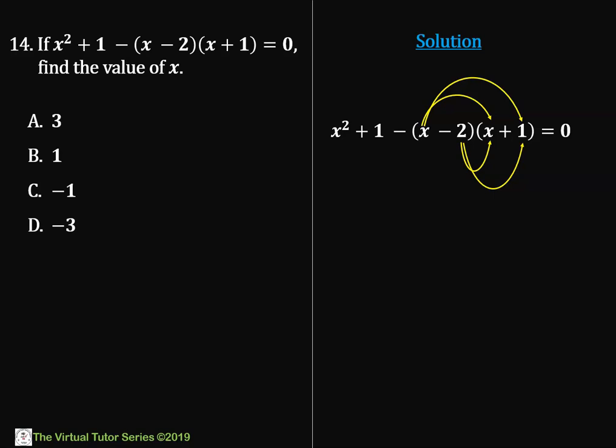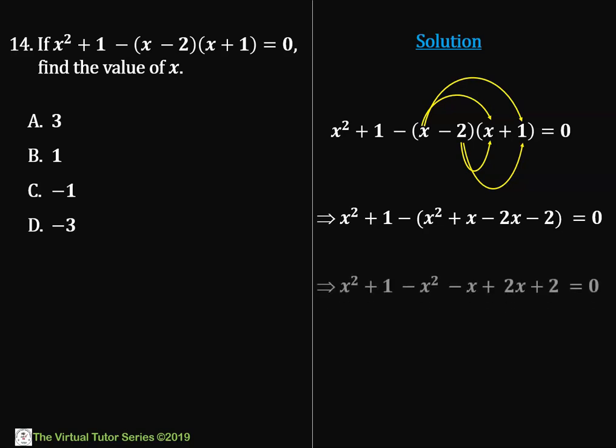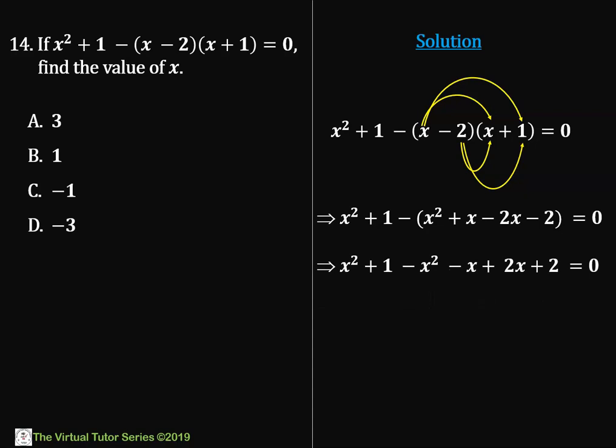Again, negative 2 times x is negative 2x and negative 2 times 1 is negative 2. So we have x squared plus 1 minus into bracket x squared plus x minus 2x minus 2 is equal to 0. We further multiply the terms in the bracket through by negative 1 to get rid of the bracket. This gives us x squared plus 1 minus x squared minus x plus 2x plus 2 is equal to 0.